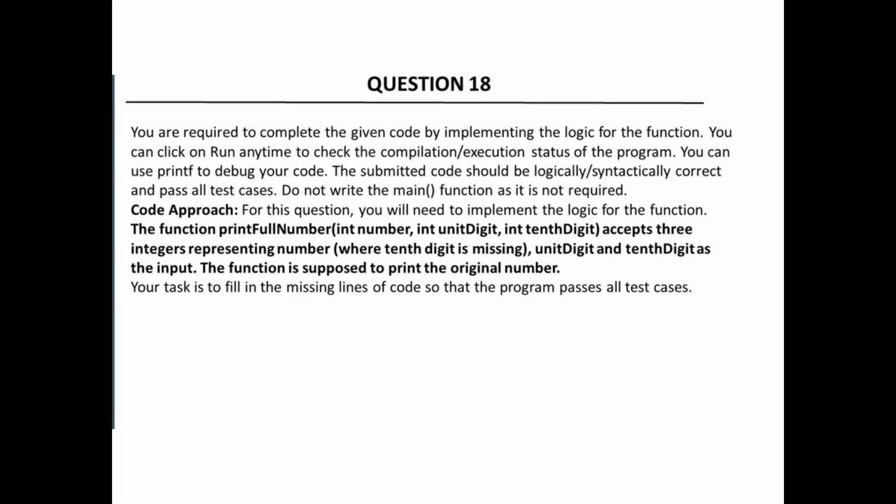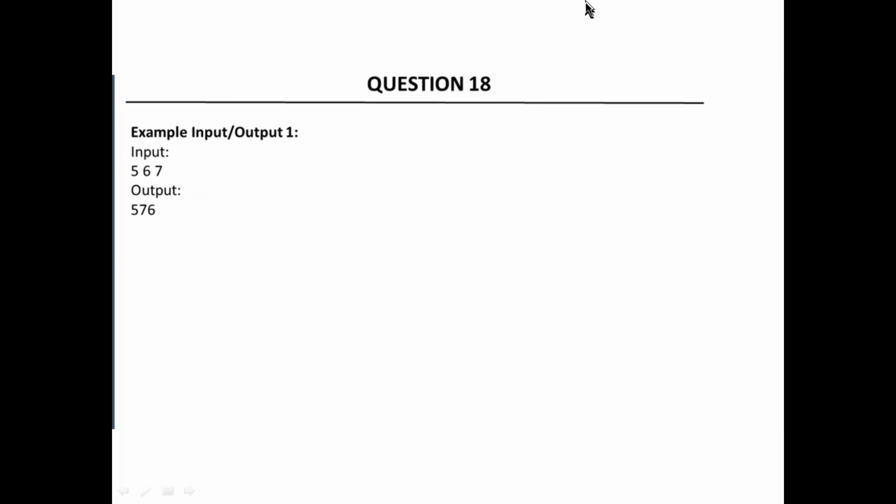Observe, read this program. Print full number. It accepts the unit digit and tens digit, where the tens digit is missing, as input. The function is supposed to print the original number. Observe the input specification, everyone. So 5 is the given number, 6 is the units place, 7 is the tens place.